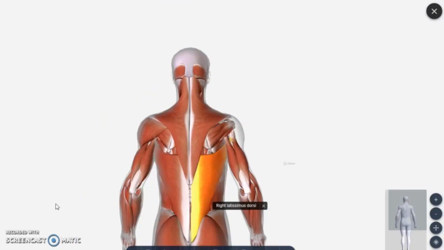Now we are going to see the details about latissimus dorsi. After trapezius, in the superficial layer we have another muscle which is present below the trapezius muscle, that is latissimus dorsi. This latissimus dorsi is also somewhat triangular in shape, and here you can consider this as the apex, and this will be called the base of the latissimus dorsi.